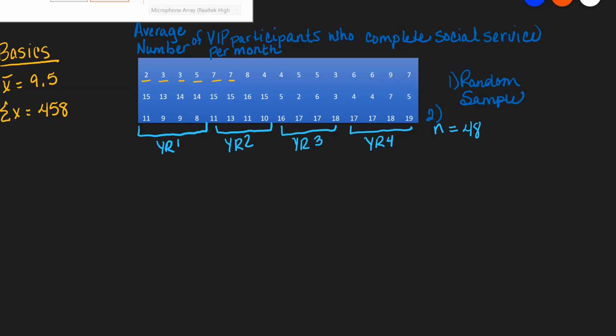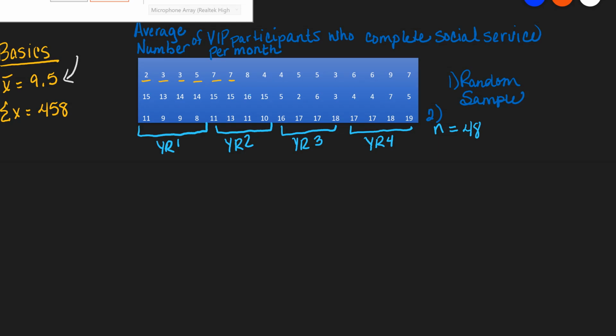I want to be able to tell our stakeholders how confident I am that this sample average number of participants are completing social service programs every month. I know my sample is random. I know that my sample size is 48. And now I can do a couple of things.